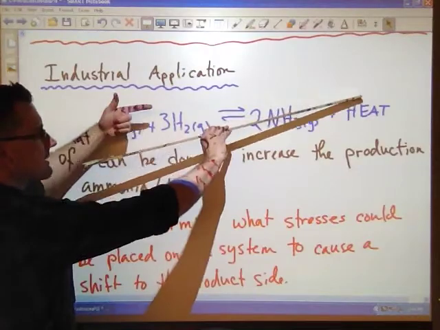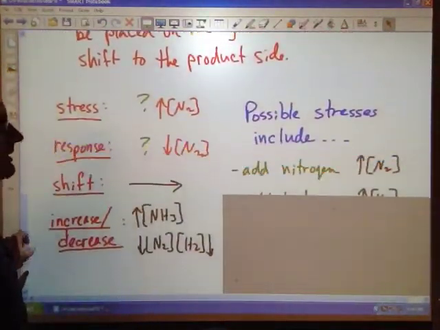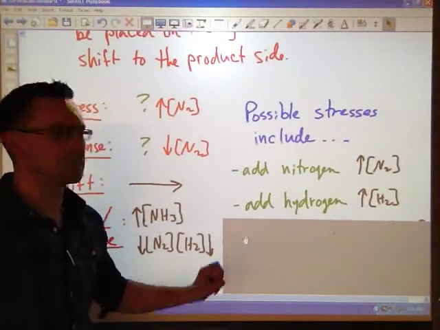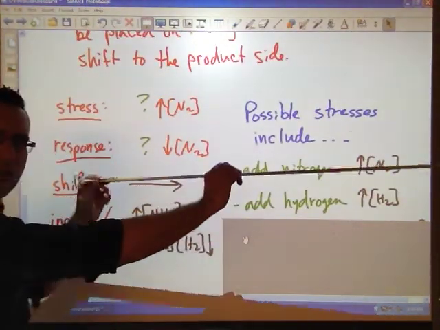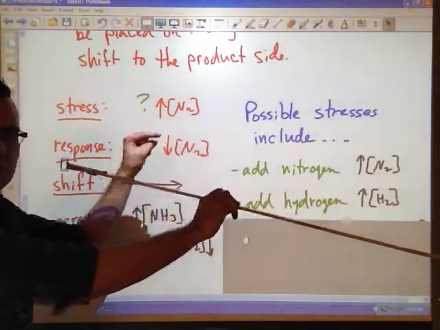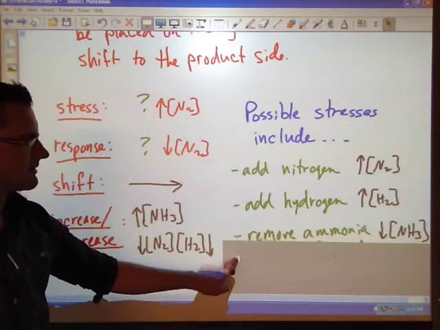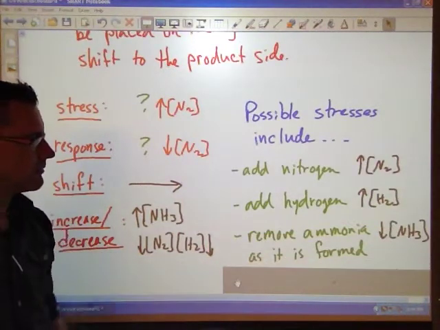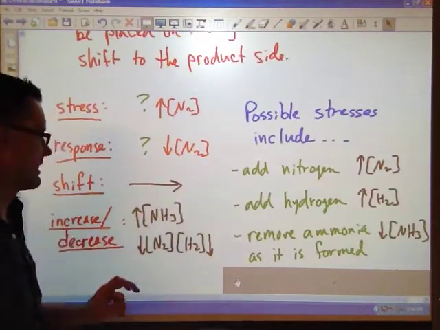So using up nitrogen would cause a shift that way. Very similar, increasing hydrogen is the same thing. It's on the same side. If I increase hydrogen, once again I'll be out of whack, so I have to shift things that way. In terms of removing something, removing ammonia as it's formed will also cause a shift to the right.